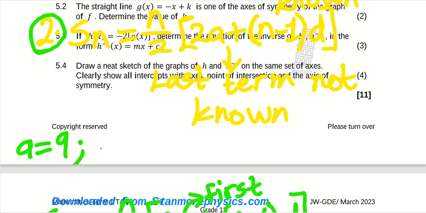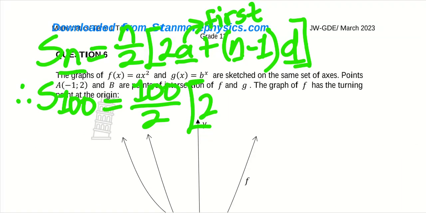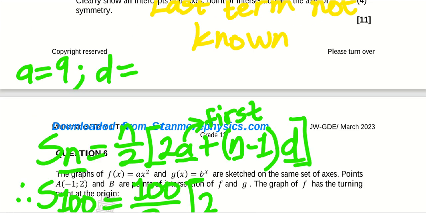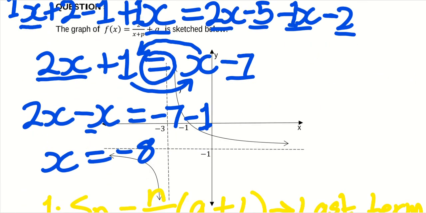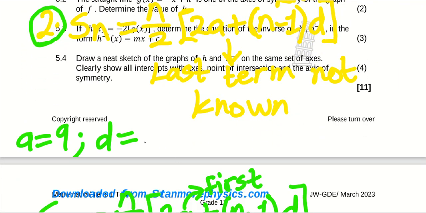And then we also need to know d, right? What is d? Remember, d is the constant difference, and we can calculate it by taking term number 2 and subtracting term number 1. So let's go back. Term number 2 is -6, term number 1 is 9. So we're going to say -6 minus 9. We take the second term, subtract the first term, and get -6 minus 9, which gives us -15.